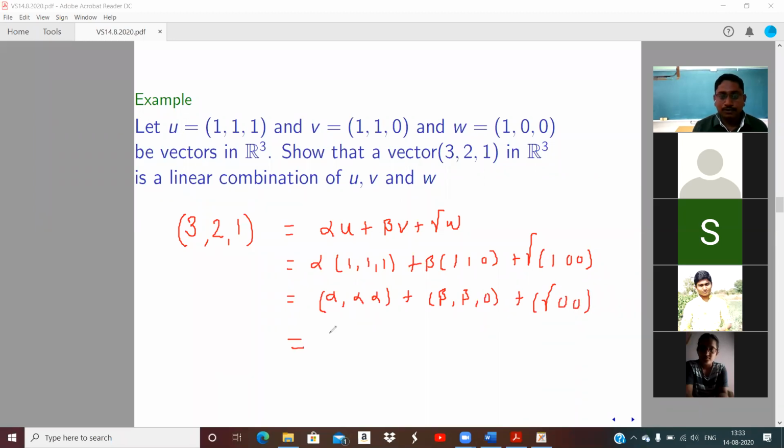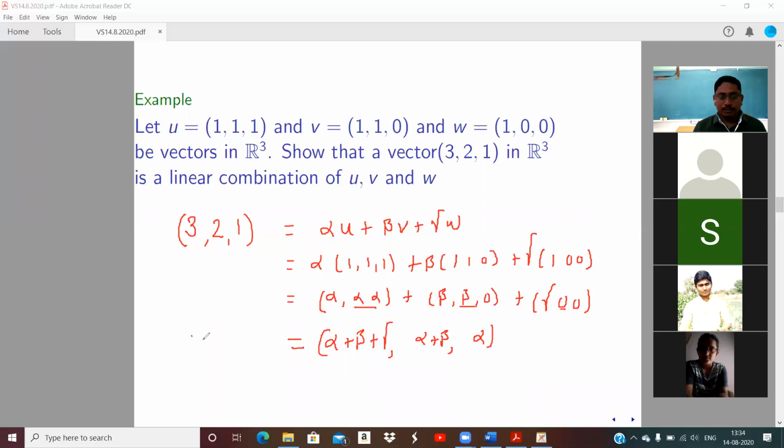So it is equal to the sum. By the addition definition in R3, the second component becomes alpha plus beta plus 0, and the third is alpha plus 0 plus 0.